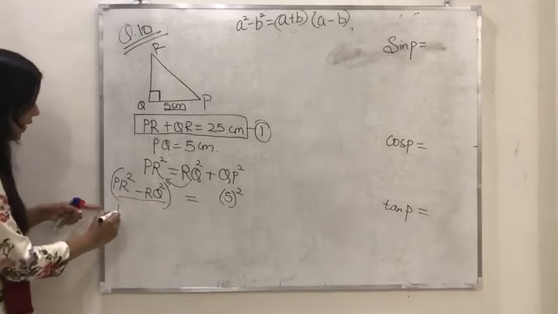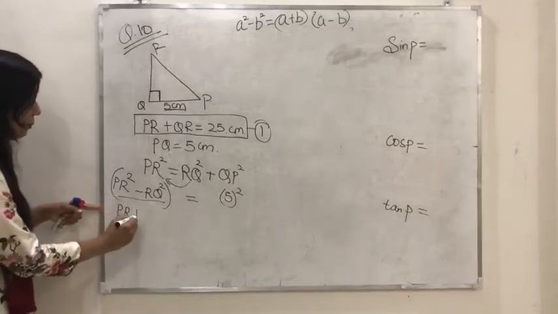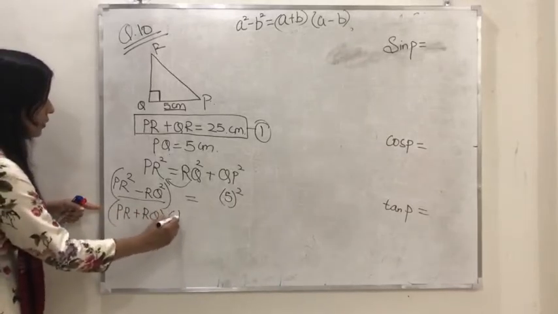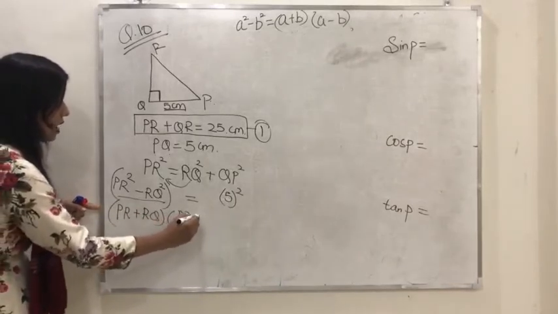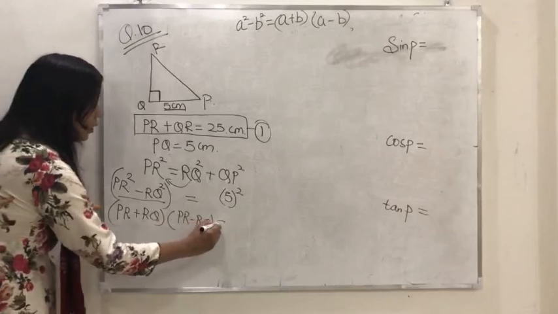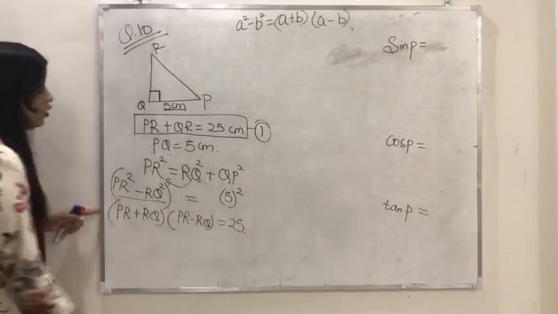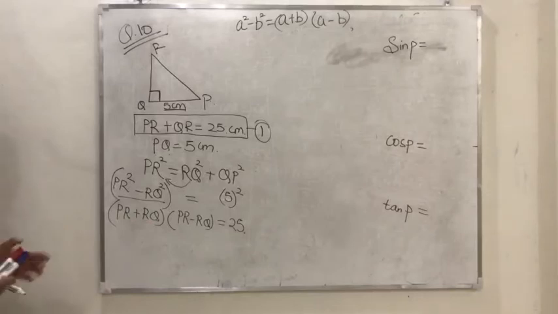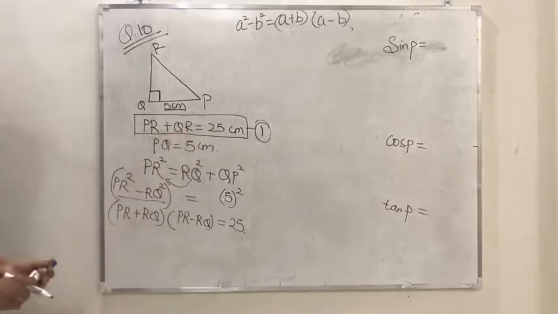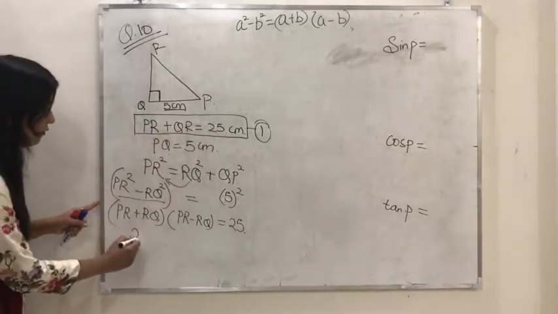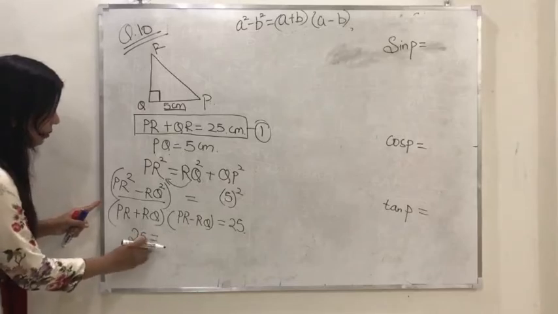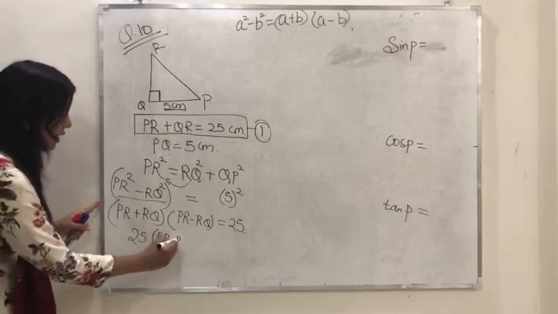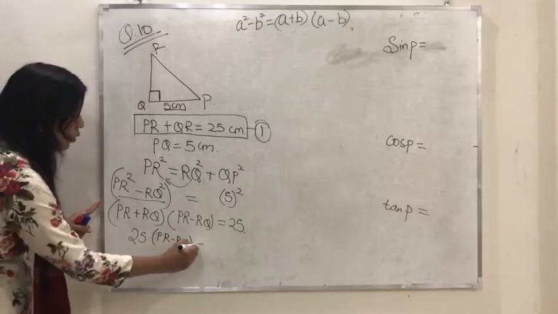So I will get PR plus RQ, A plus B, into A minus B, that is PR minus RQ, is equal to 25. What is PR plus RQ? PR plus RQ is 25. So I will write 25 multiplied by PR minus RQ is equal to 25.